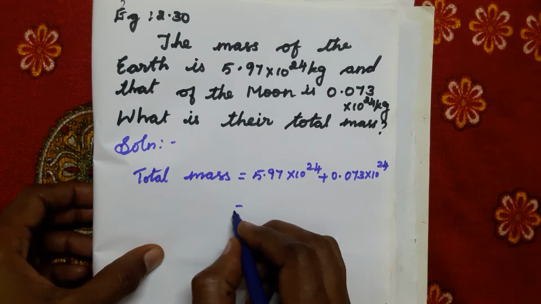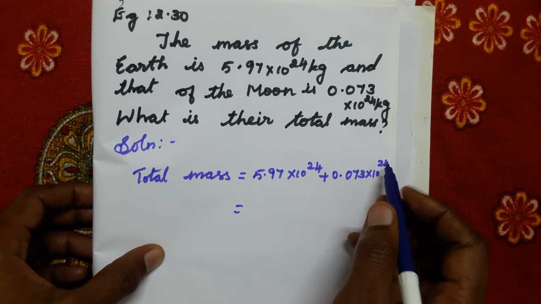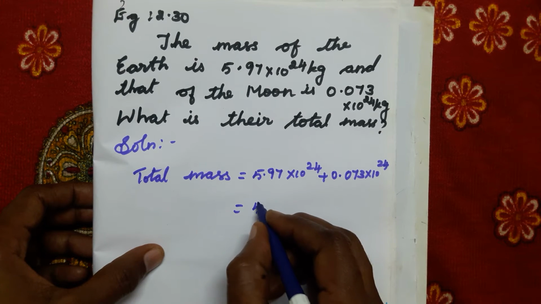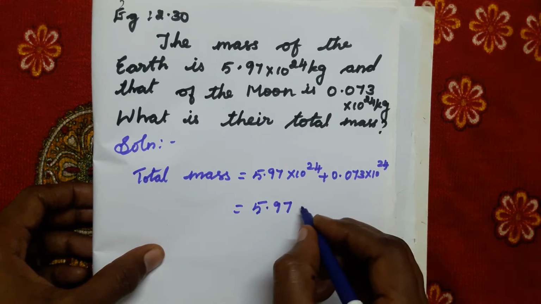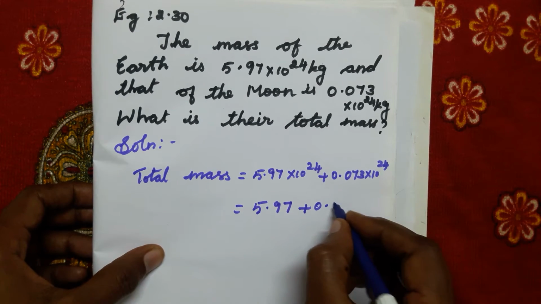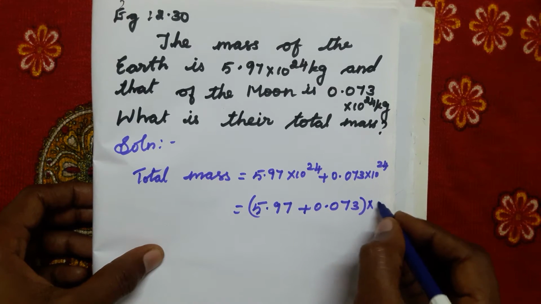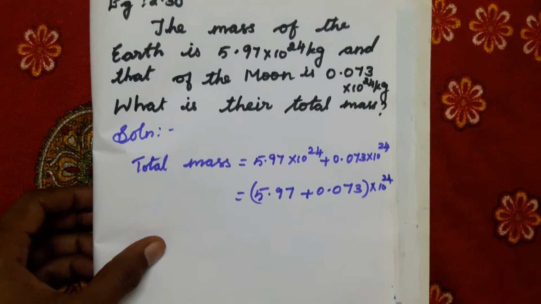Now check these integers. The powers are the same, is it? So what you want to do? We want to take 5.97 this number plus 0.073, into 10 power 24. We can write 10 power 24. Can you able to understand?